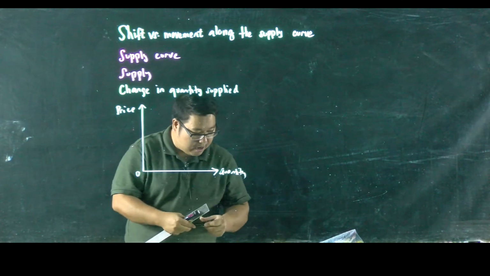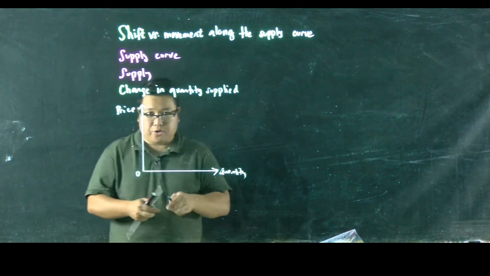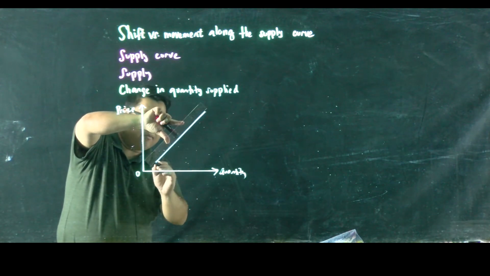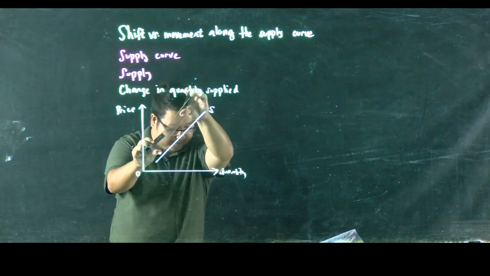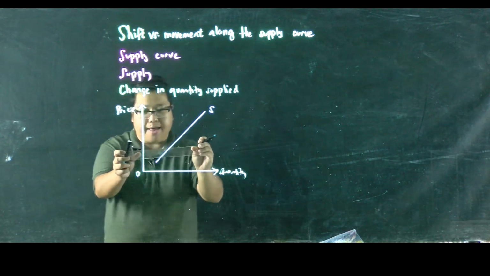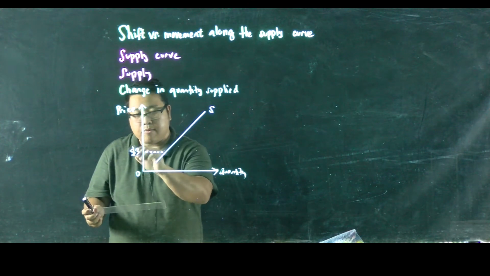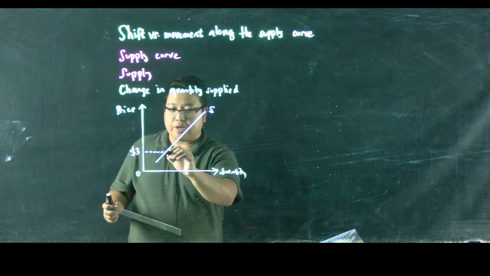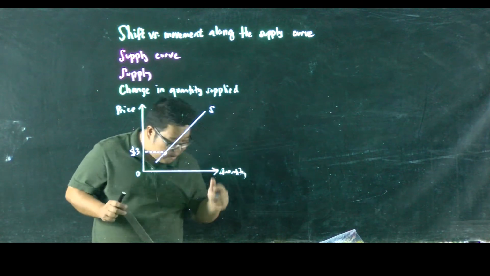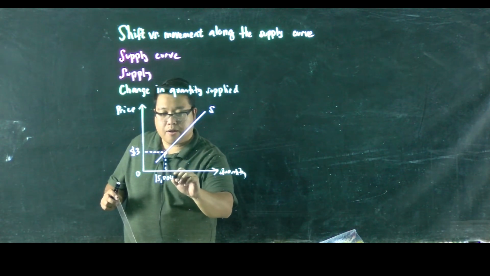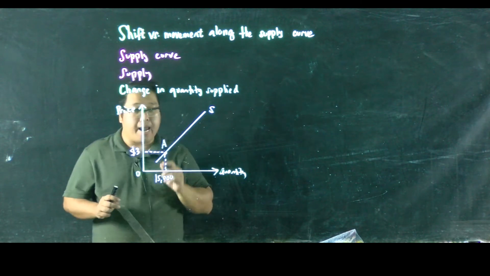And our supply curve is upward sloping. I would call this guy S. So let's say at $3, sellers or producers are willing to produce or sell, say, around 15,000 units. And I will call this point A.